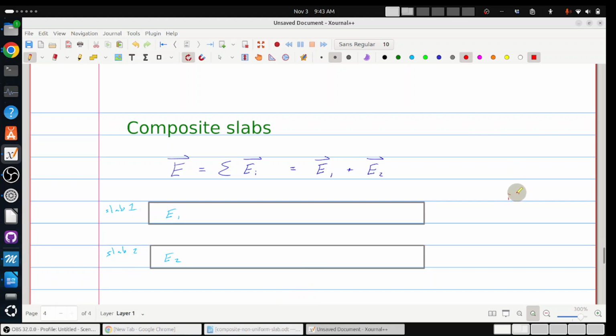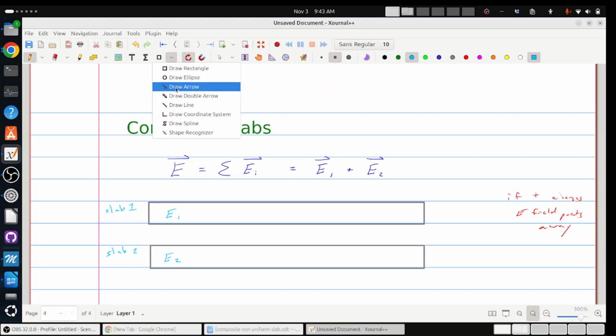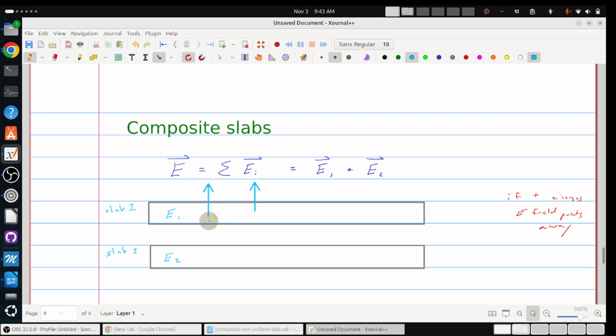If they're positive charges, we know that the E field points away. And my slab 1 would have arrows, etc. And I'm going to use different colors for these, I think.